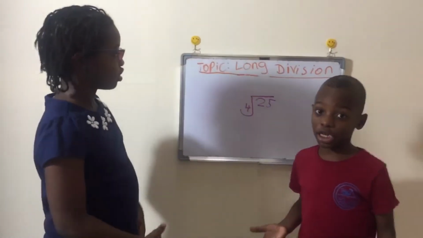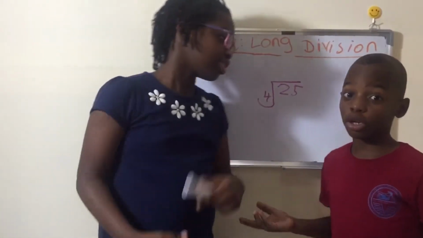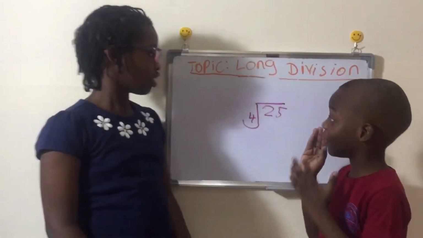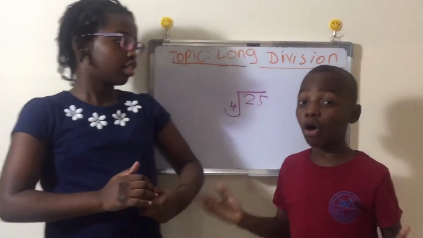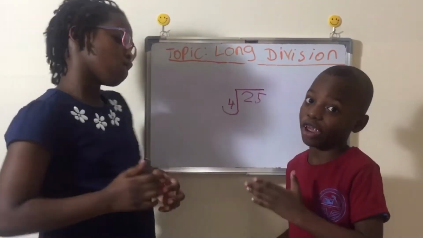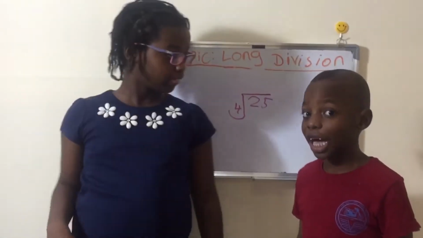So first you need to check if there's any number that is equivalent to 25 in the 4 times table, or you could just do how many times 4 will go inside 25, but that would take a long time.